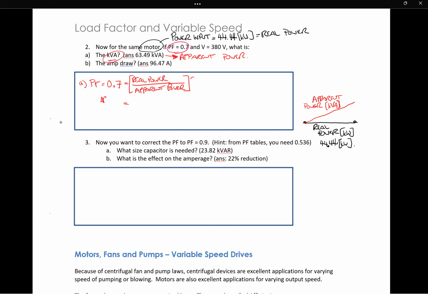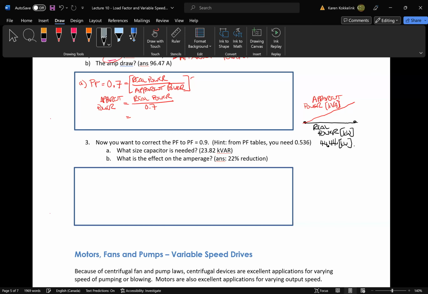So that apparent power, if I rearrange this equation, is our real power divided by the 0.7 power factor.